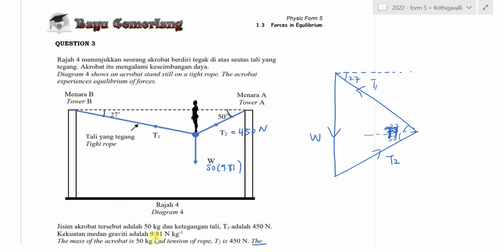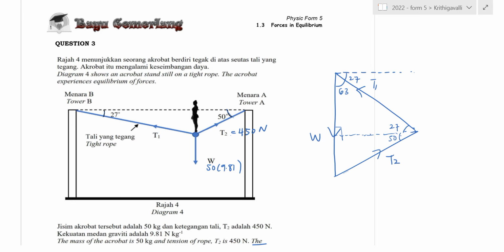What else can we do here? Before we write 77, we try to split into two triangles, 27 here. This is supposed to be 90, so 90 and 27, and then it will be 63 degrees.